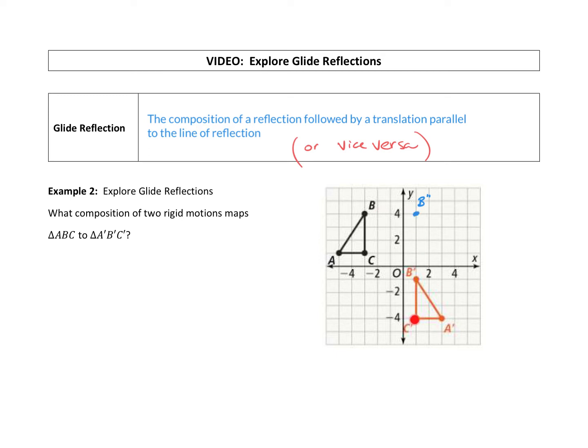I'm going to do the same thing with C, moving it up so it's in line with the C. So I'm starting with a translation. I'm just going to call that double prime again, just so it's different than how these are labeled. And then with the A, let's move the A up so it's in line with the other A. And all we're doing is a vertical translation. So we did a translation right now.